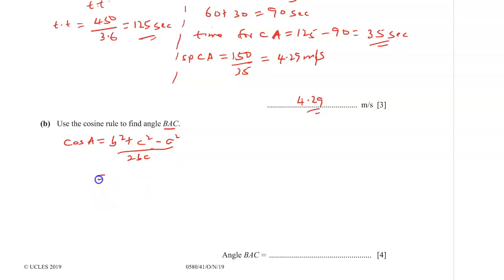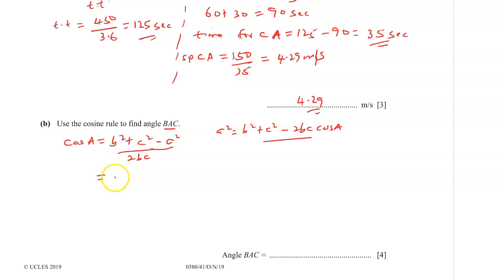Of course, you're getting this from a squared is equal to b squared plus c squared minus 2bc cos A. So just make cos A the subject right there.